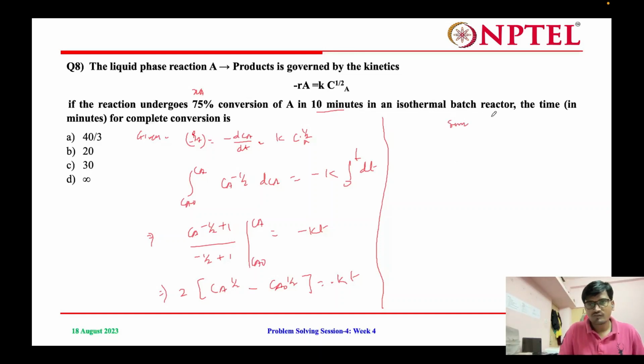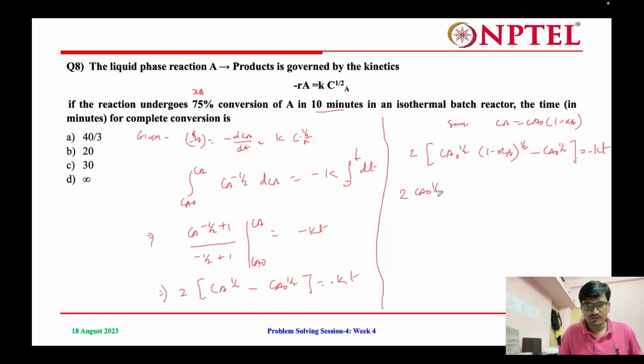Since C A is equal to C A naught into 1 minus X, put in this equation: C A naught to the power 1 by 2 into 1 minus X A to the power 1 by 2 minus C A naught to the power 1 by 2 equal to Kt. So take a common C A naught to the power 1 by 2 into 1 minus X A to the power 1 by 2 minus 1 equal to minus Kt. Yes, this is equation 1, right?